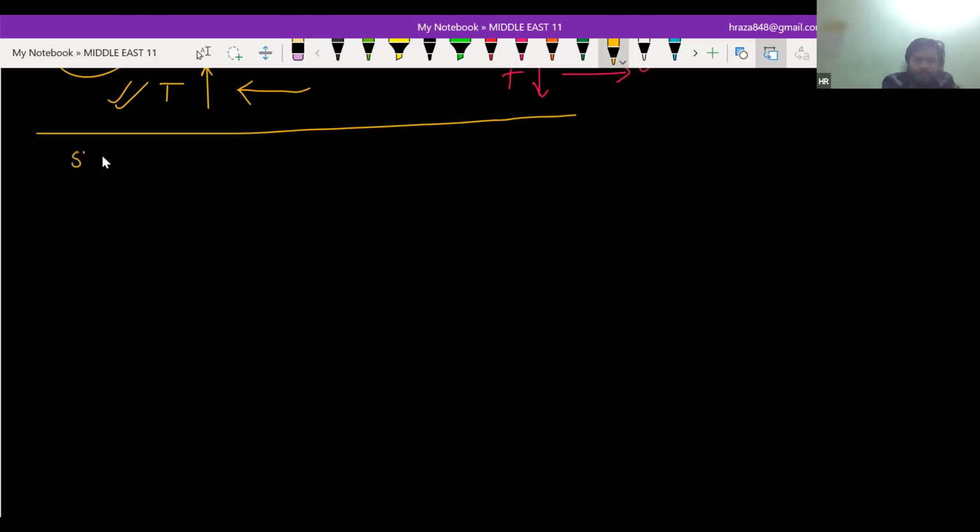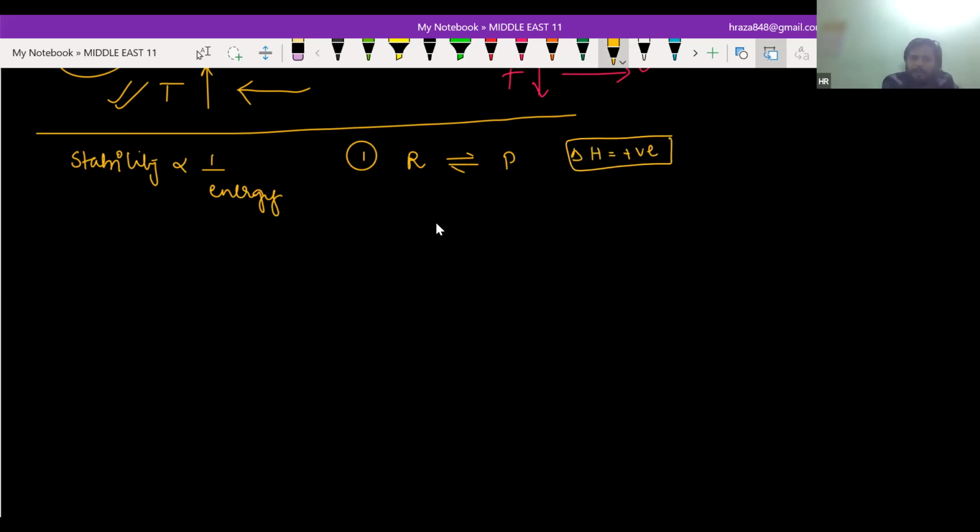I just told you that stability is inversely proportional to energy. So I am taking a reactant converting into product, where delta H is given as positive. And in this case, a reactant is converting into product, and for this reaction I'm giving you delta H negative.